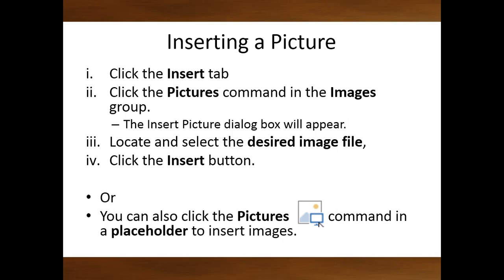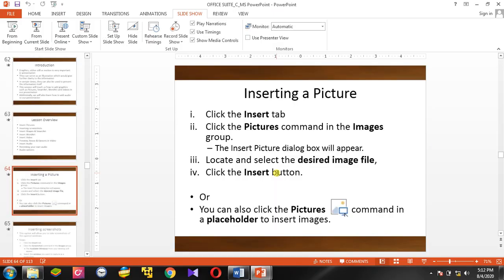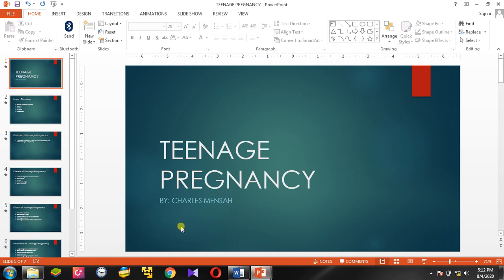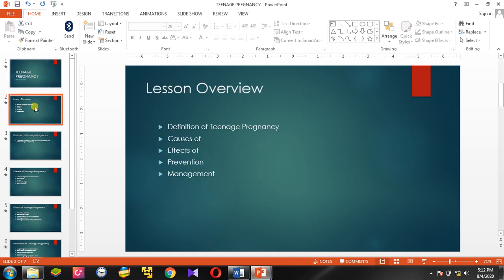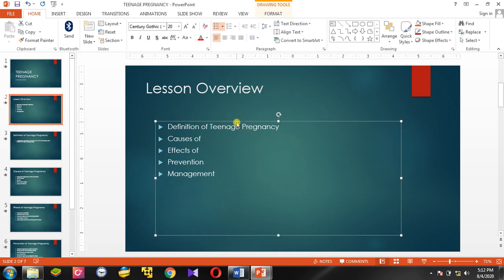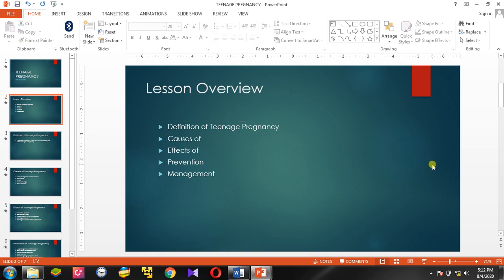Let us demonstrate this. So let's come to this second slide. Let's say we want to add a picture to this slide, but we know that you have only one placeholder, content placeholder, which contains text.